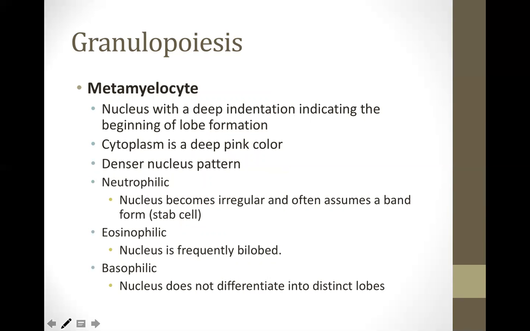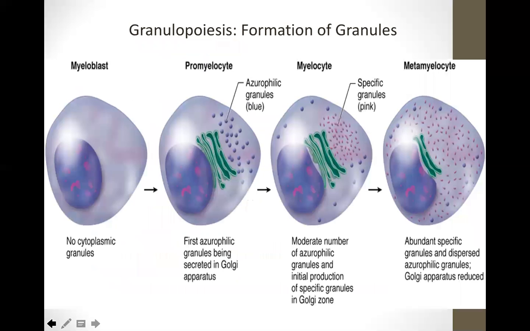Now, in this picture, para mas madaling tandaan, azurophilic granules appear in the promyelocyte. In myelocyte, there is specific granules appearance, at dito na malaman kung neutrophil, eosinophil ba sila.